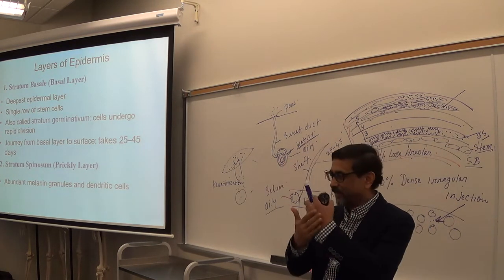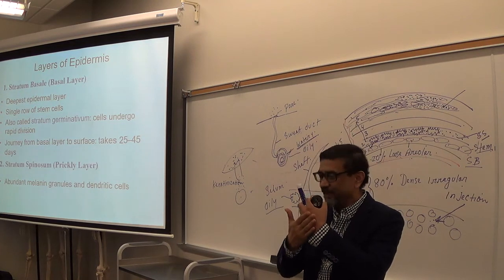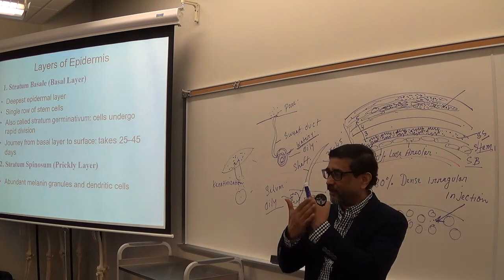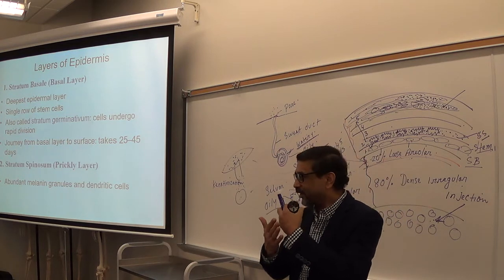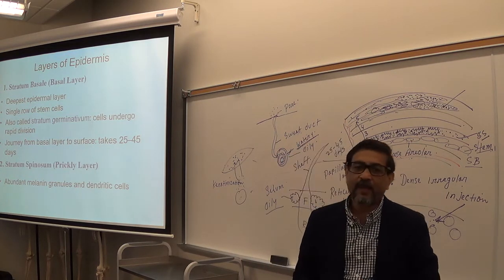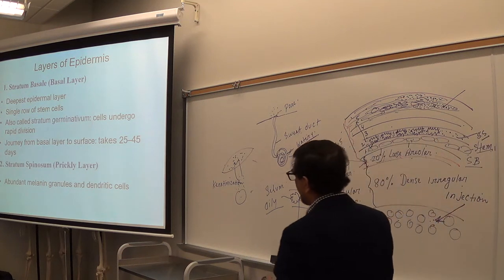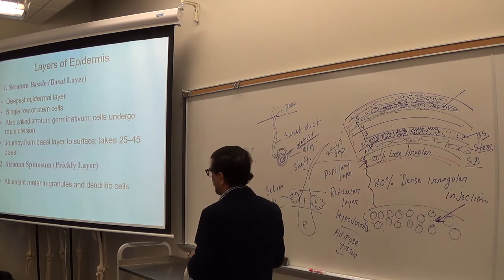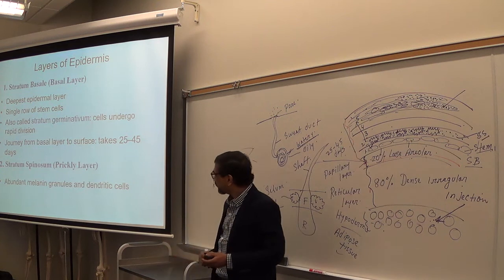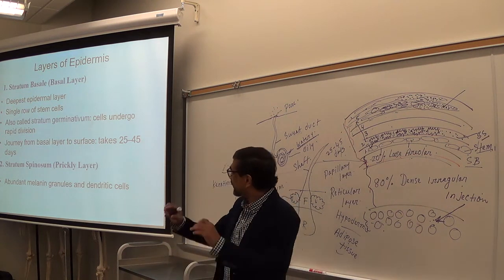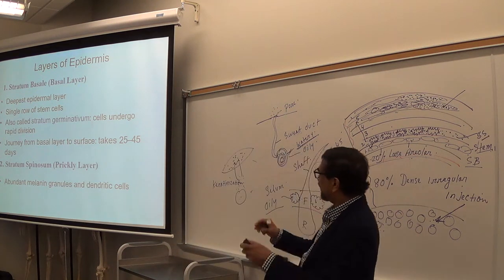Two. One is giving the color of the skin, and another is very important, protecting against UV, right? So that stratum spinosum has abundant melanin granules, and melanin forms a shield against UV radiation.